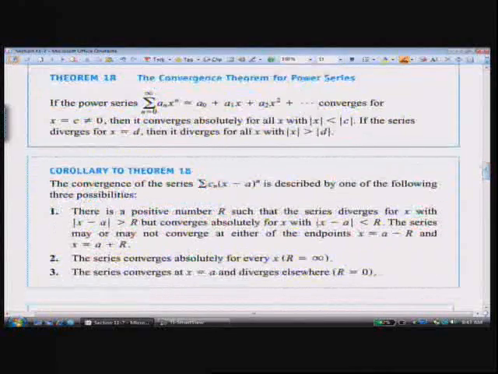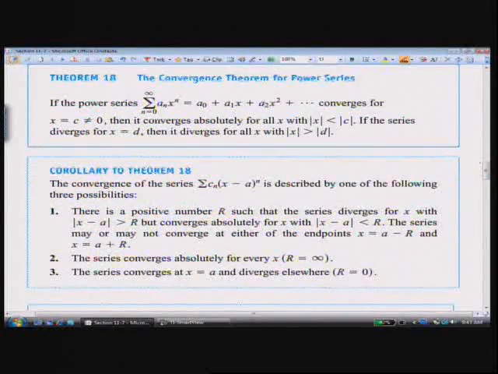And then it turns out that you can have a corollary here when we deal with a power series that's not centered at 0. So it's x minus a. There's a positive number r such that the series diverges for x with that distance, x minus a, greater than r, but it converges when that distance is less than r.